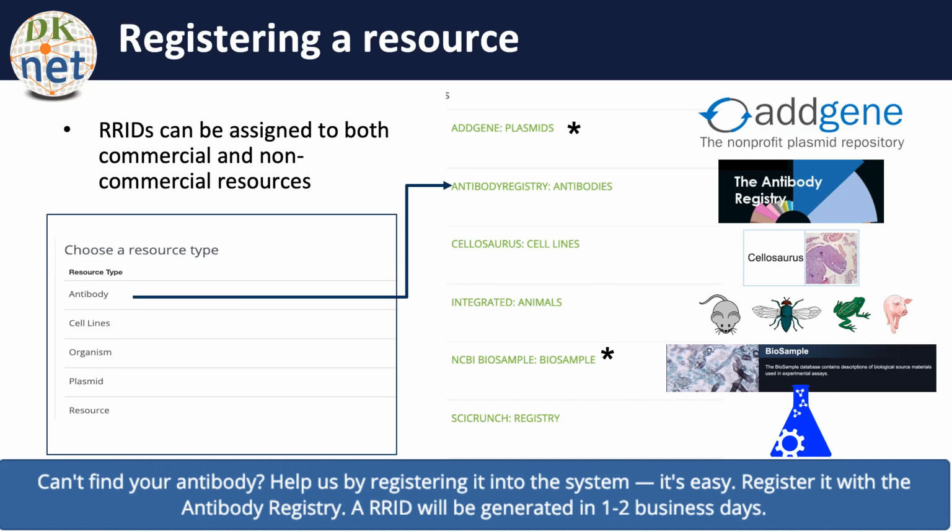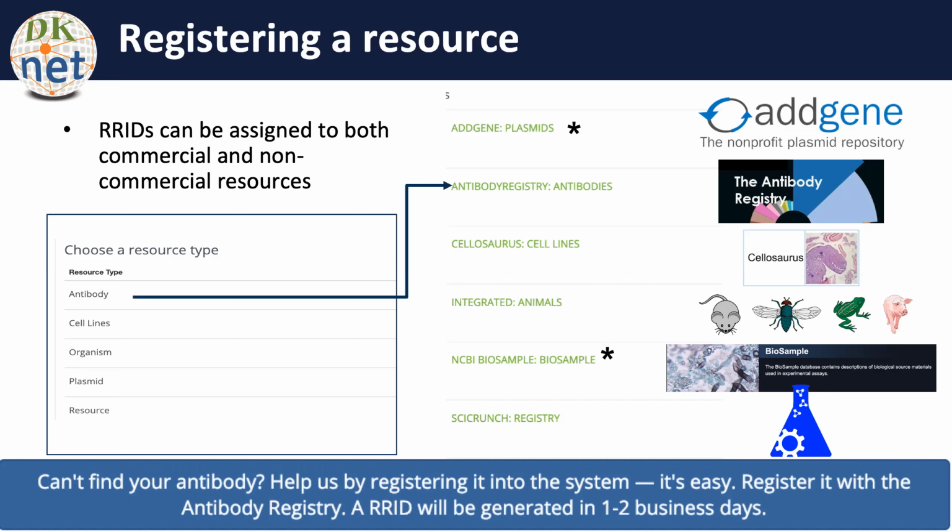So, for example, if you have an antibody that you cannot find, you would go to, in this case, the antibody registry, which allows you to add an antibody, even a personally developed antibody, and then get an RRID provisioned. And for the antibody registry, within 1 to 2 business days, you'll have an RRID for the antibody that you're using.